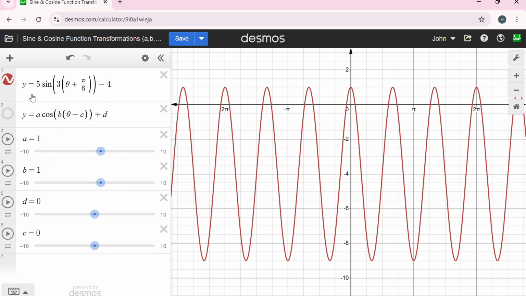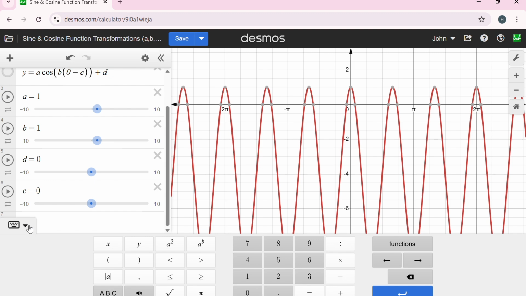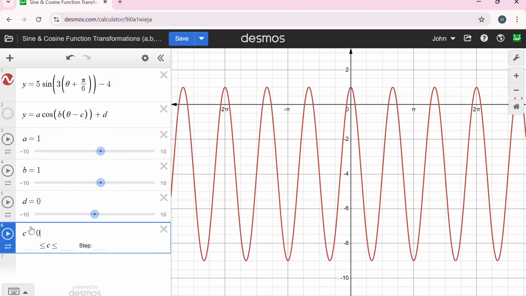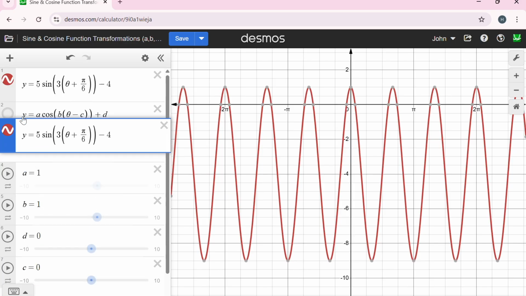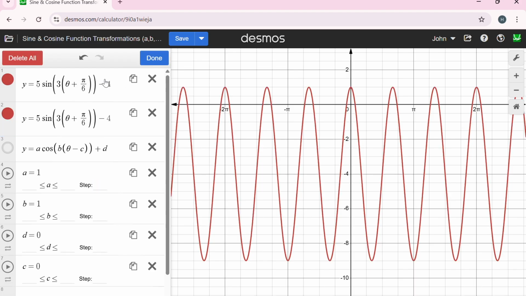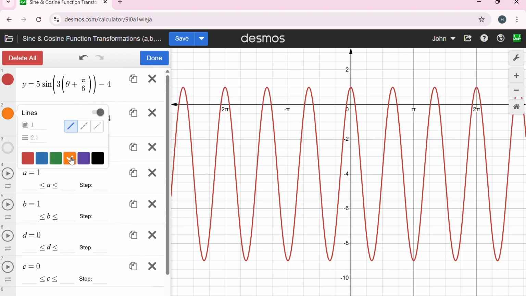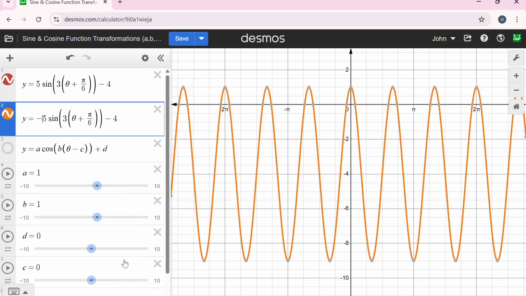When we create the version of this graph, so the same graph, but we make the a value negative, so negative right there.